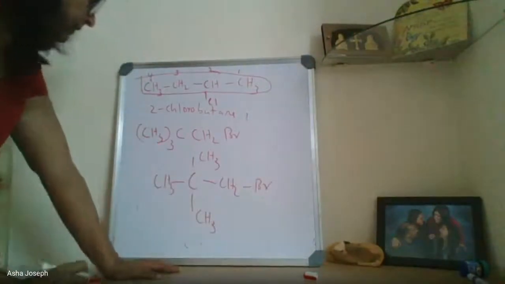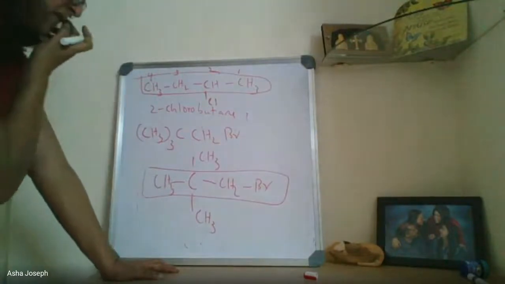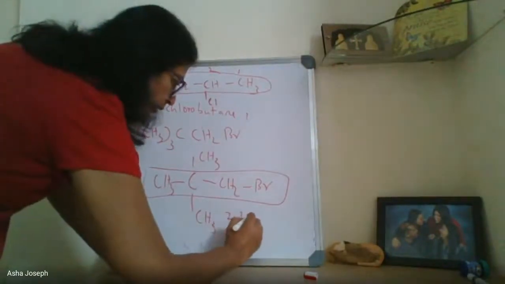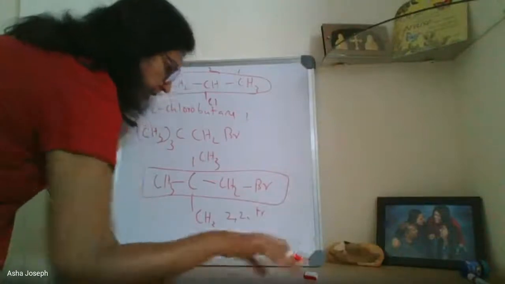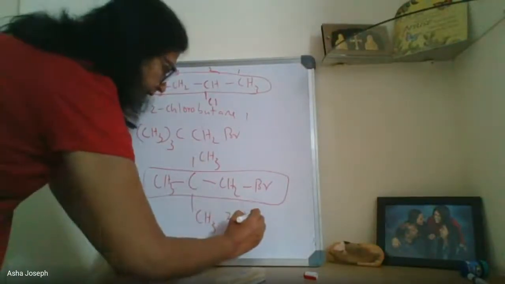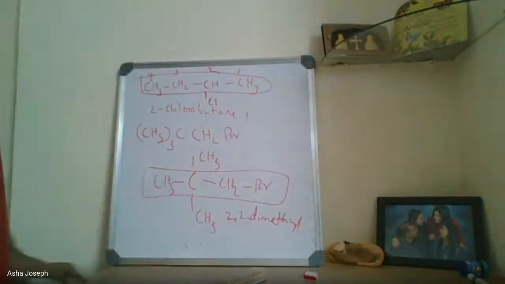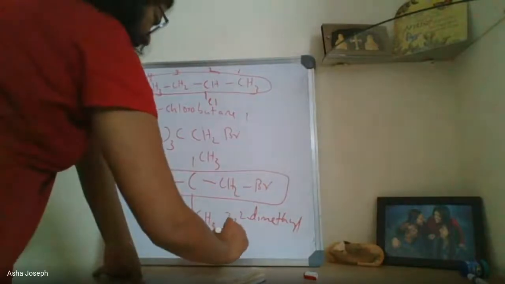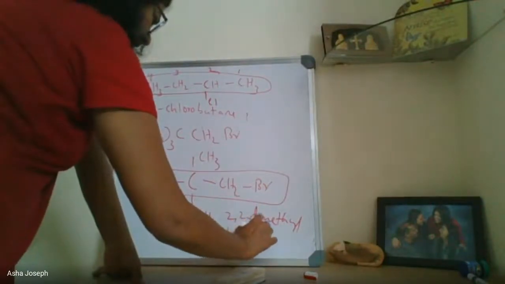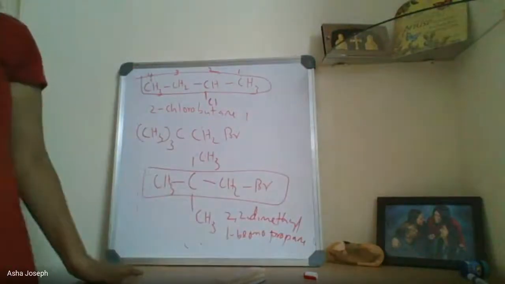So this is the chain, isn't it? So 2, 2 dimethyl, 2 methyl groups are there. Dimethyl bromopropane, 1 bromopropane, isn't it?